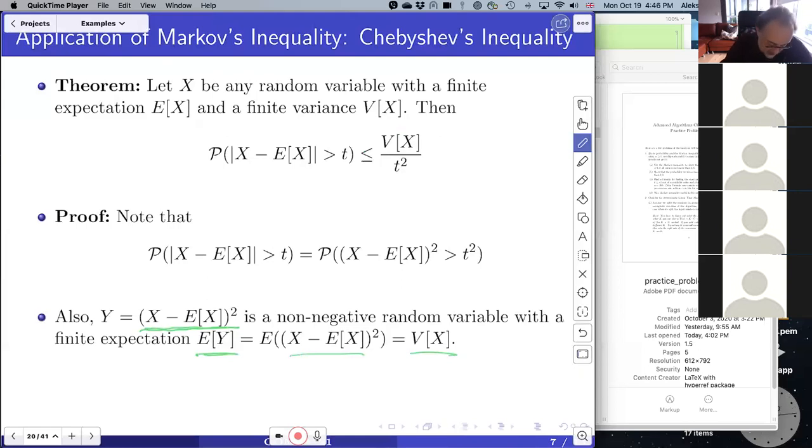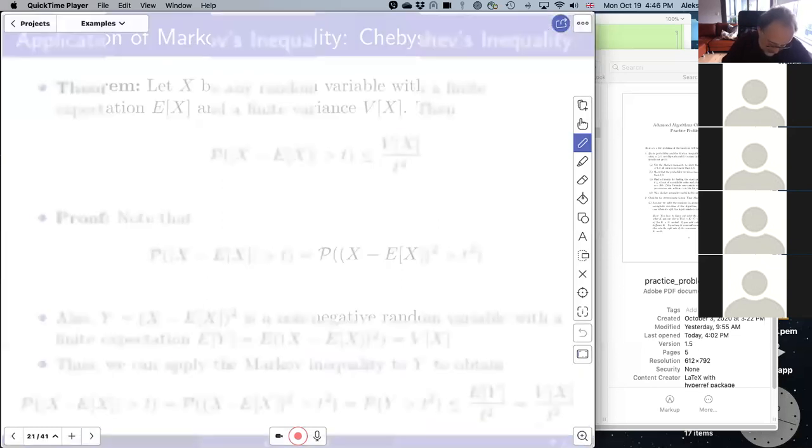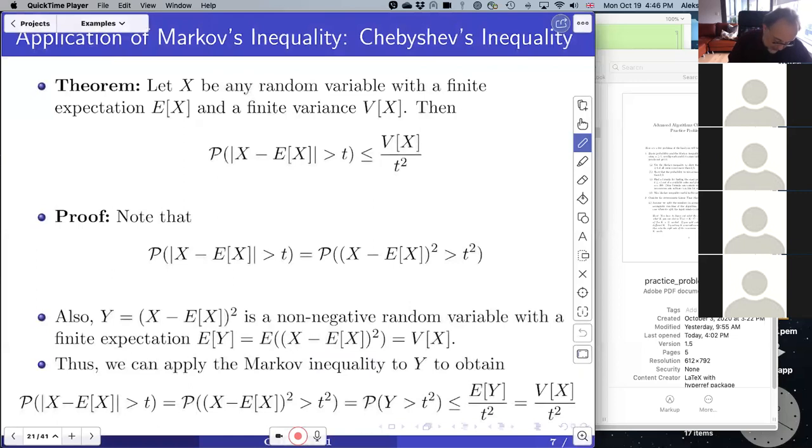So by Markov inequality, what do we have? So we saw that this probability is identical to this probability, which is just the probability that y is larger than t squared, when y is just this x minus E of x squared.